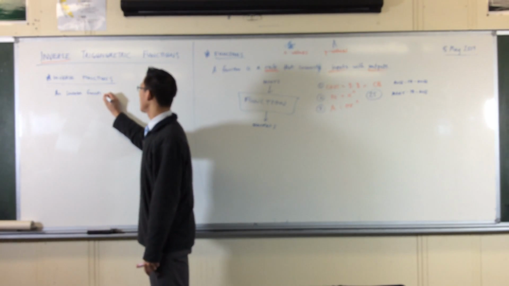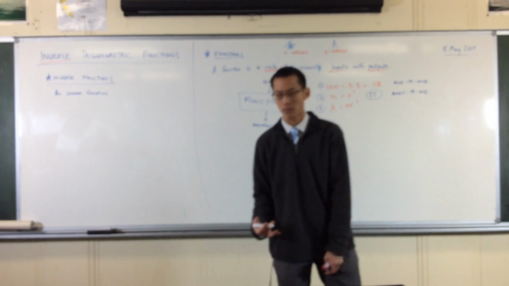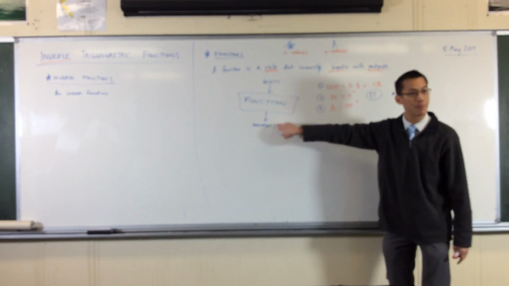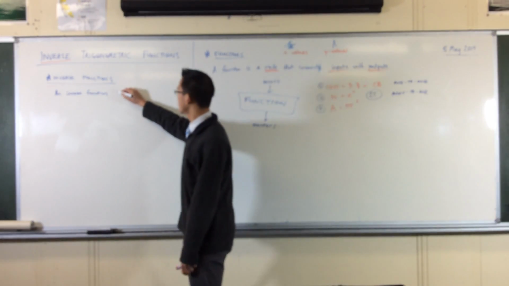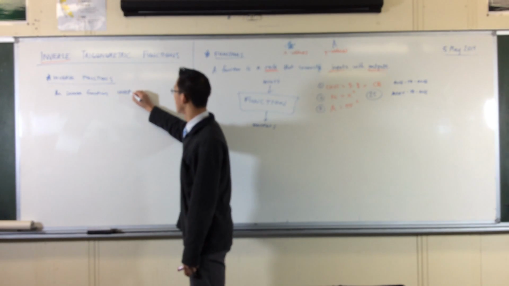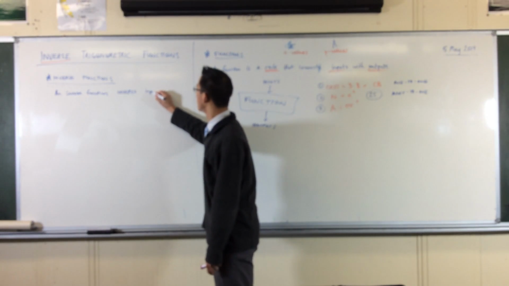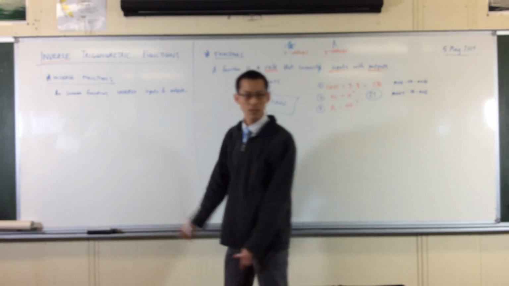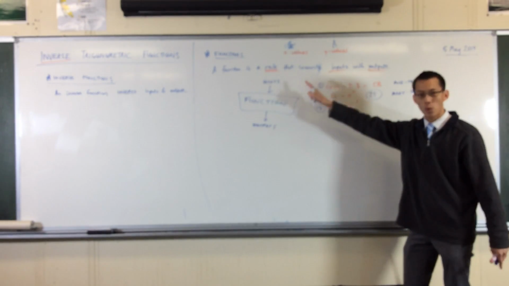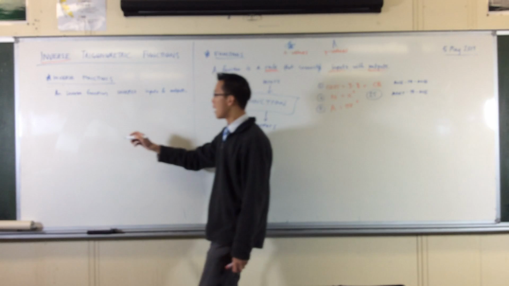An inverse function inverts. What are the two things I have here? Inputs and outputs, right? So I'm just going to turn it upside down. Okay, so what have I got here? I'm going to turn it upside down.